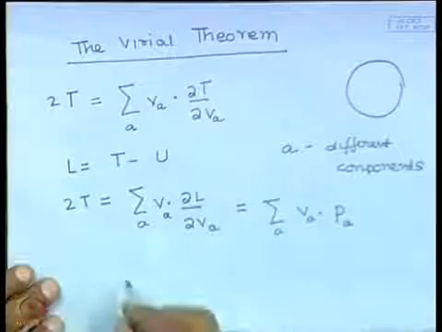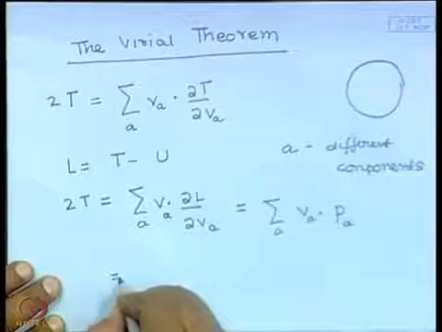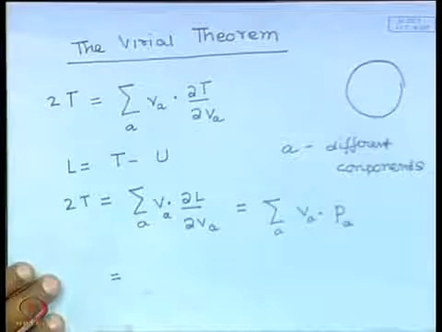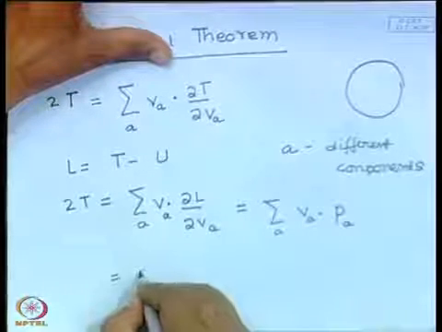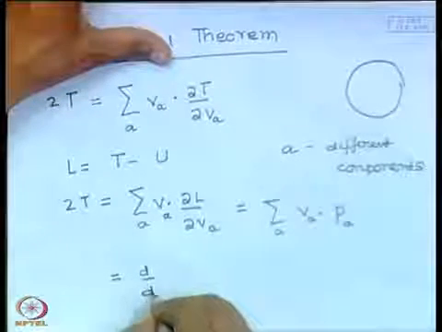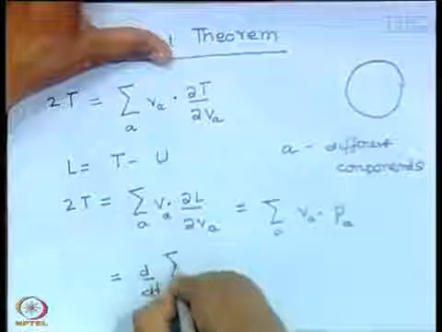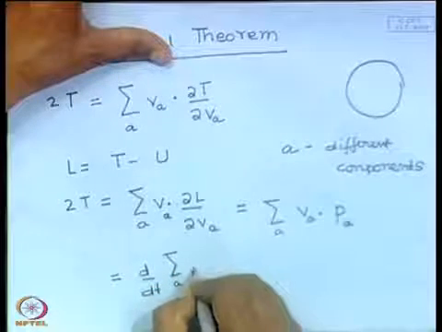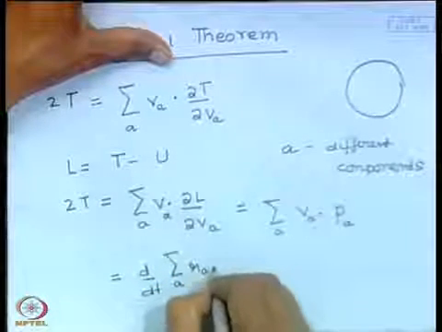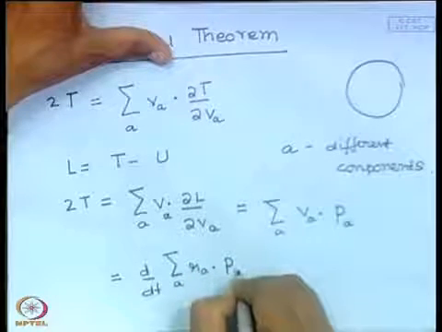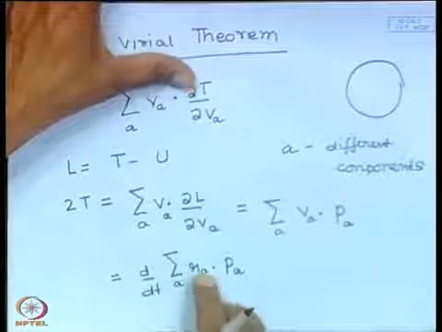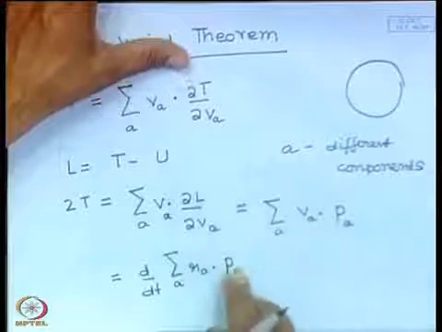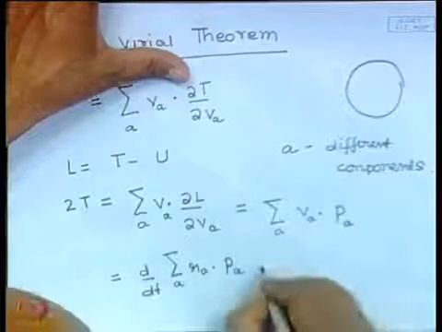Okay. And this can be written as a sum of two terms. Now, we can write it as d by dt of the sum of r dot p, so I can differentiate r, I will get back this term. If I differentiate p, I will get an extra term which I have to subtract out.